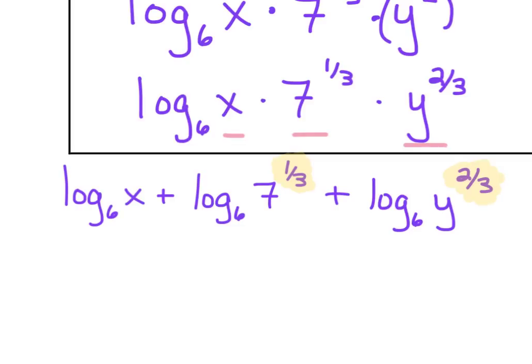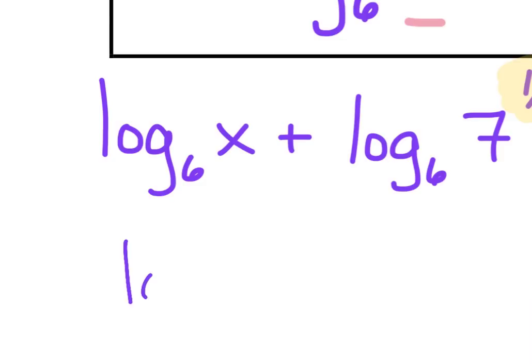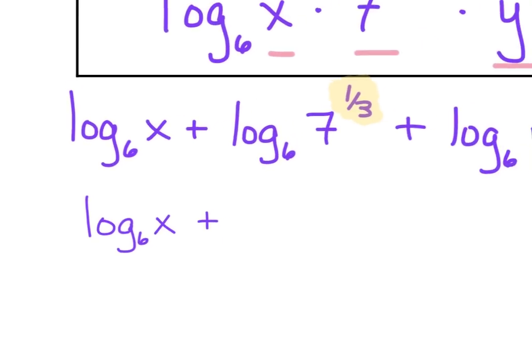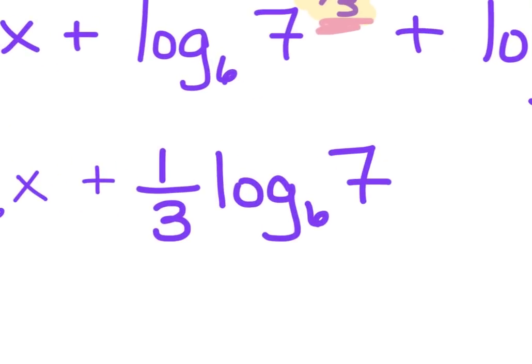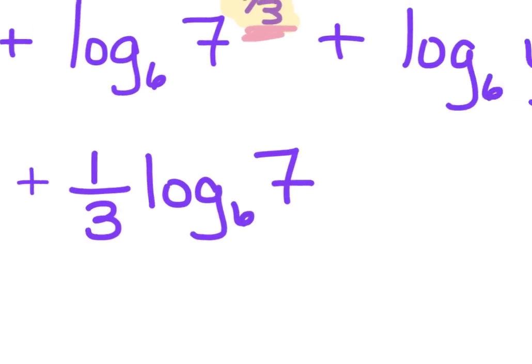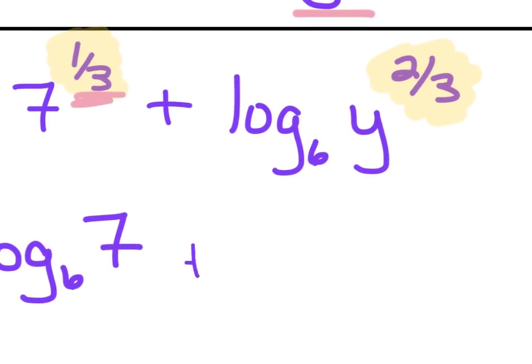And so I'm going to keep log base 6 of x plus, and now the exponent inside the logarithm becomes the coefficient of the logarithm. So plus 1/3 log base 6 of 7. That can't be simplified because there's no power of 6 that gives you 7 as a result. And then plus 2/3 log base 6 of y.